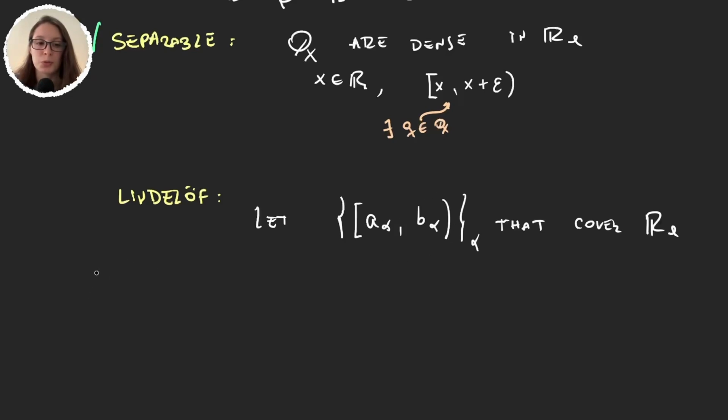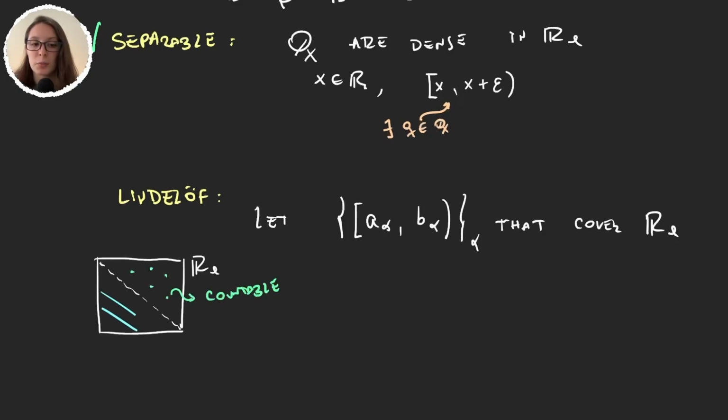What we're going to do to show this is the following. Suppose this is our space. I know RL is usually a real line, but just follow me for this. What we will do is divide this set into two parts, and then show that one of these parts is countable and that this other part can be covered by a countable subcollection.